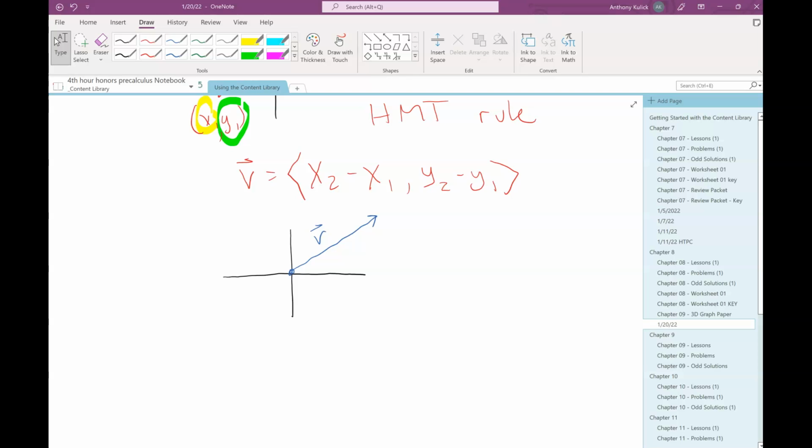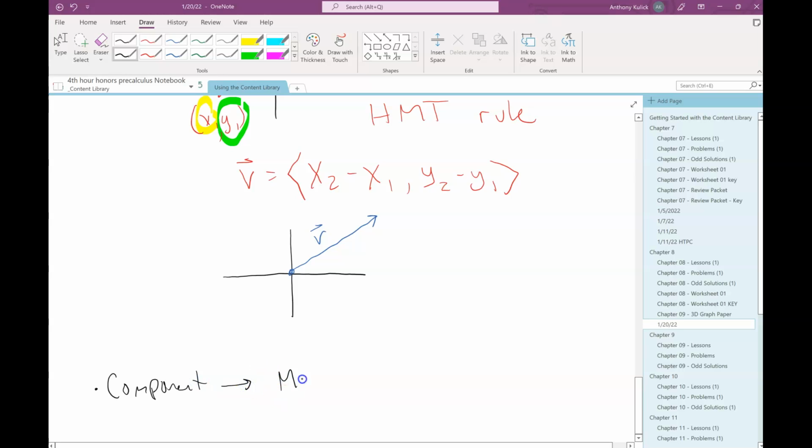Let's do, next we'll go component to magnitude and direction.